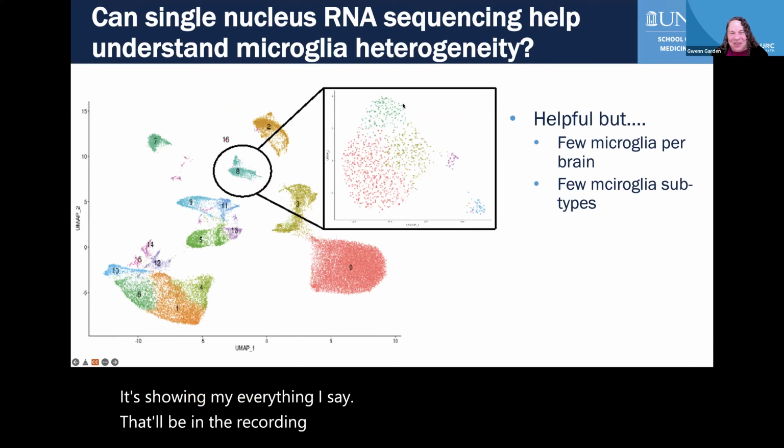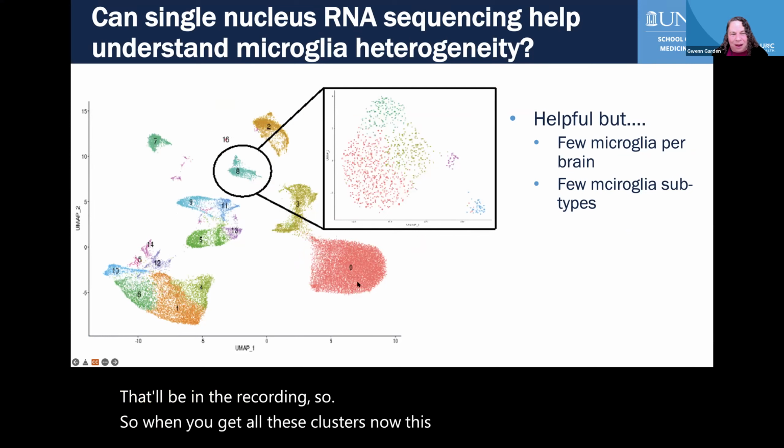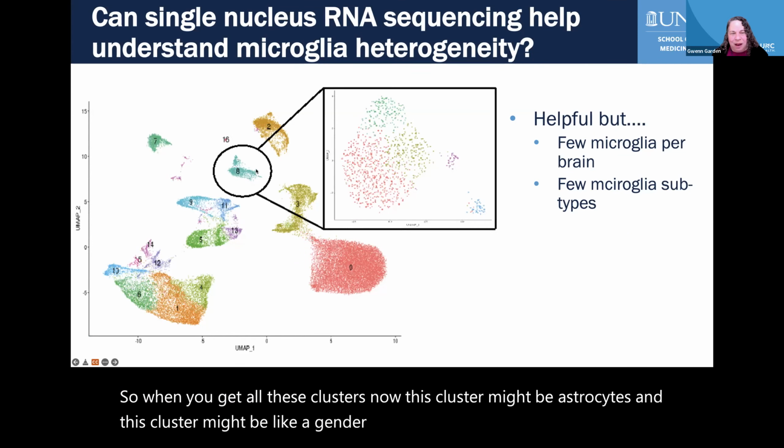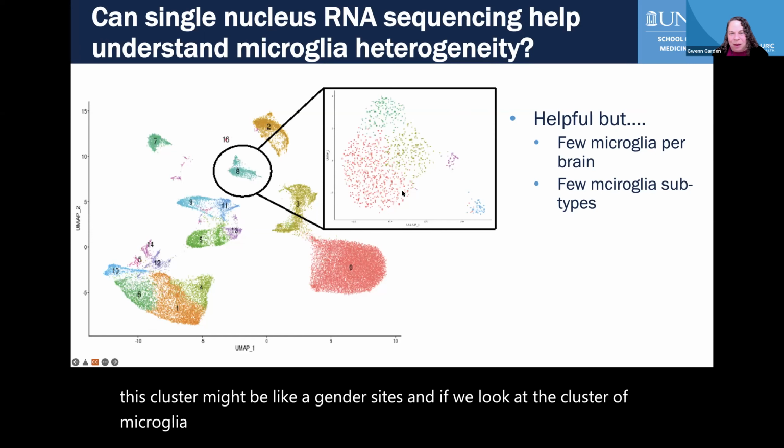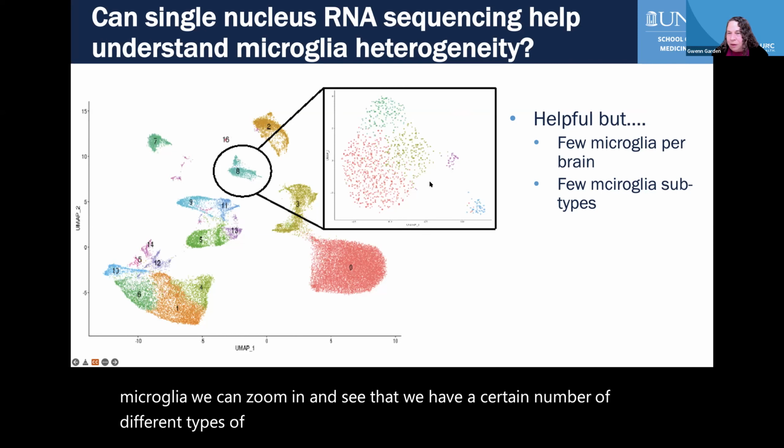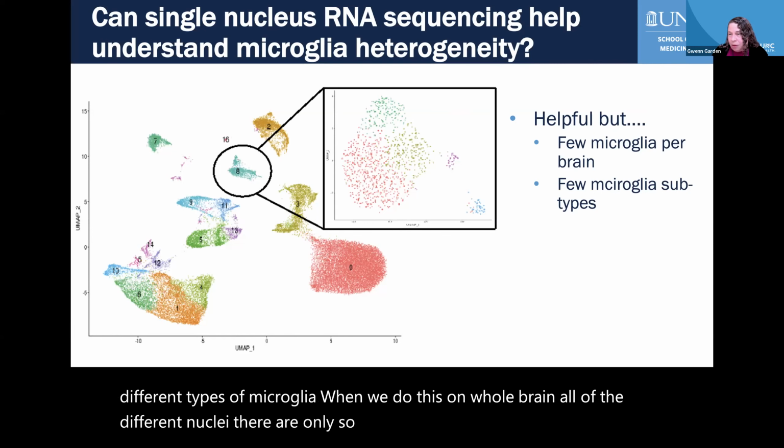So when you get all these clusters, this cluster might be astrocytes and this cluster might be oligodendrocytes. And if we look at the cluster of microglia, we can zoom in and see that we have a certain number of different types of microglia. When we do this on a whole brain, there are only so many of the nuclei that are actually microglia.